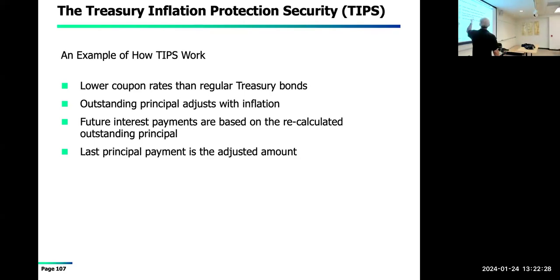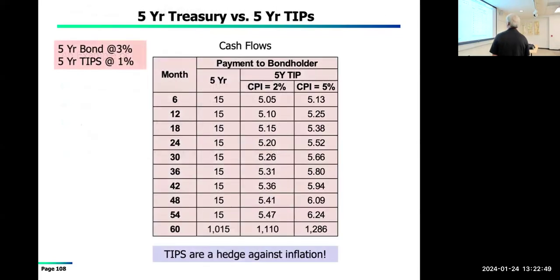And the last principal payment is the adjusted amount. Future interest payments are based on the recalculated outstanding principal. And if the market thinks the inflation rate is going to be 2%, and then the inflation rate becomes 10%, you've got yourself a security at a price that has grown much more in value than you might have expected. And the way it works is you just write down the cash flows and do a simple calculation and say, what does it mean?